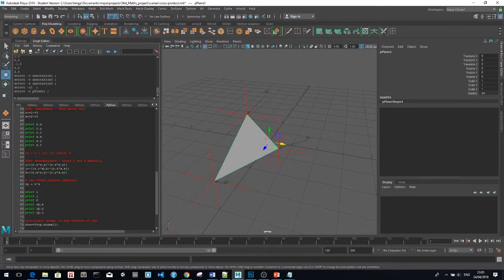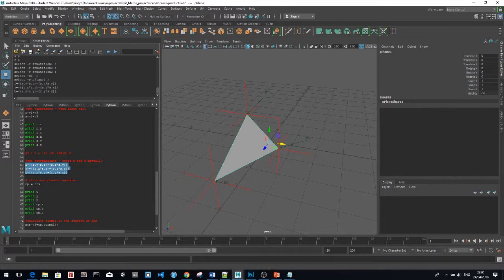For the j, we ignore the second row and we can cross rx by sz minus rz by sx. And for the k, we can ignore the third row, which will be the z values, and it will be rx by sy minus ry by sx.